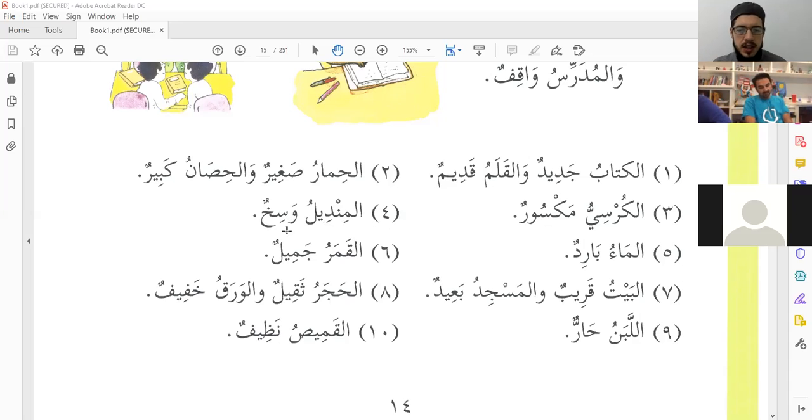So this, again, just like all the other examples, is a jumla ismiya. It has two parts, the mubtada and the khabar. The mubtada and the khabar are both marfu', which is why you see some sort of dhamma on the end of both of them. And the mubtada is ma'rifa, which is why it has alif lam and no tanween. And the khabar is nakira, which is why it has a tanween.